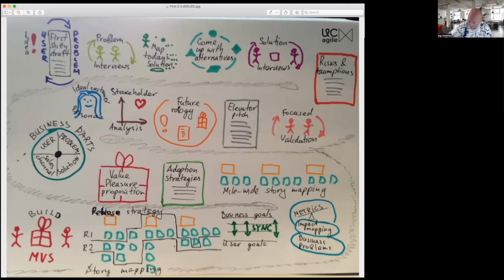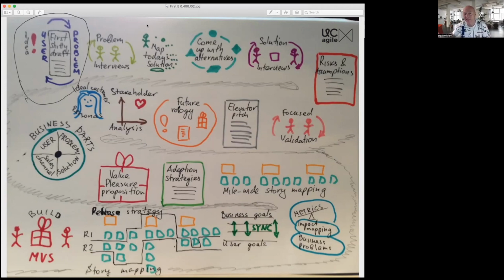We start, let me use my pencil. So we start in the upper left, and you see here, there is an idea, and we first create a shitty draft about the users and the problem that we think users have.